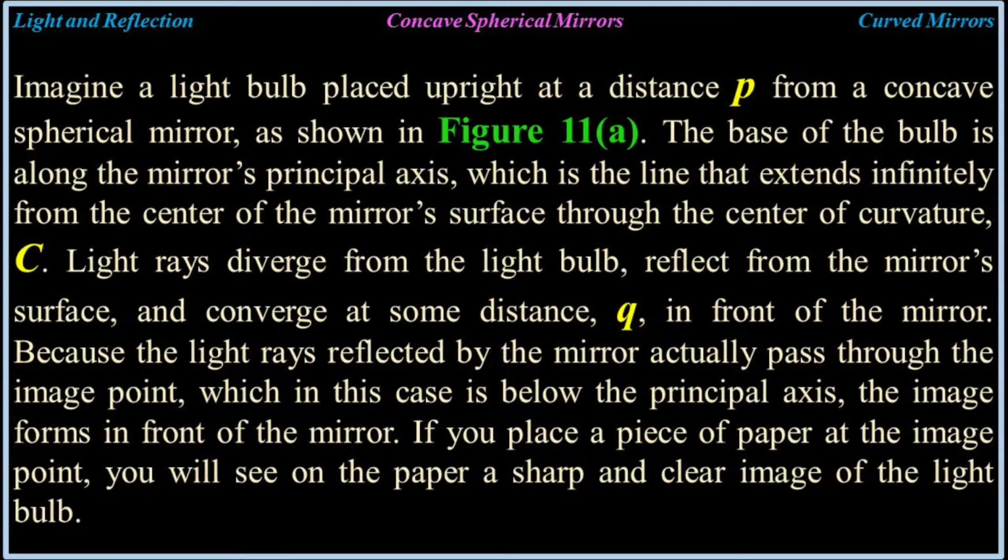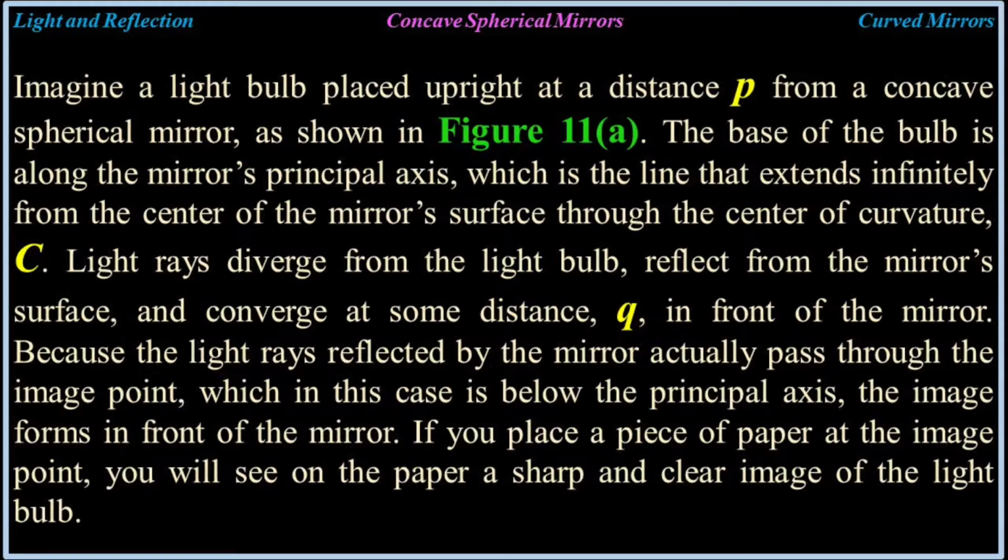Imagine a light bulb placed upright at a distance P from a concave spherical mirror, as shown in figure 11A. The base of the bulb is along the mirror's principal axis, which is the line that extends infinitely from the center of the mirror's surface through the center of curvature C. Light rays diverge from the light bulb, reflect from the mirror's surface, and converge at some distance Q in front of the mirror.